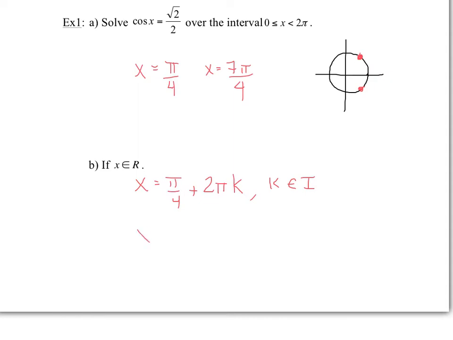So we have to do the exact same thing to the second point. We take that point, 7 pi over 4, and we add 2 pi k. Again, this is an unknown number of full revolutions, as long as k is an element of the integers. Integer is a whole number, so you add complete revolutions from this point and always land there.